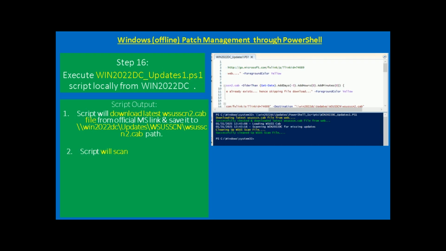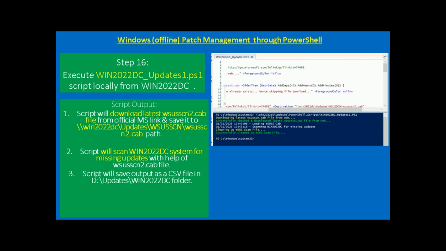Okay, this is the first output. Second output: the script will scan our Win 2022 DC, that is the local system, for missing updates with the help of the downloaded wsusscn2.cab file. And the third output: the script will save output as a CSV file in the D drive, Updates and Win 2022 folder.